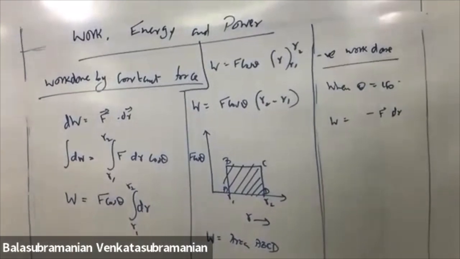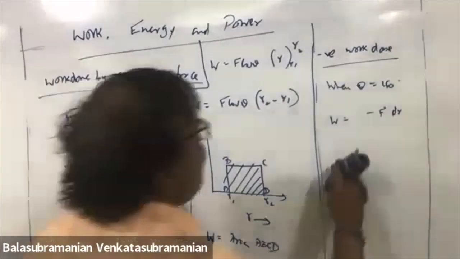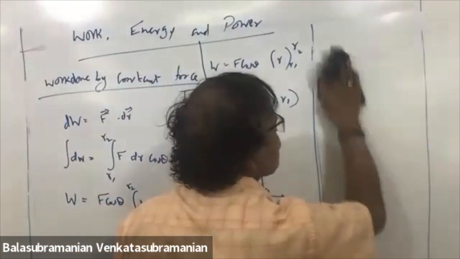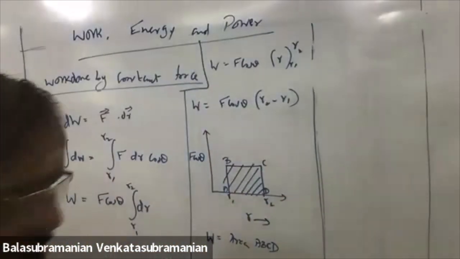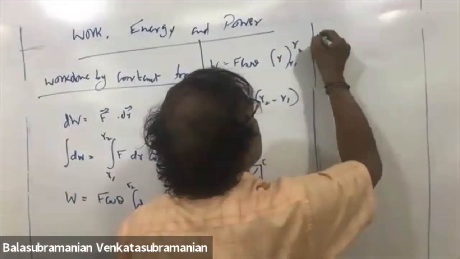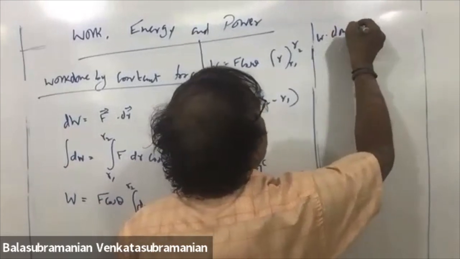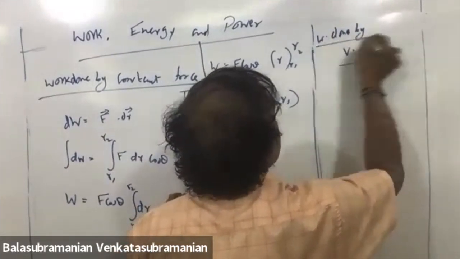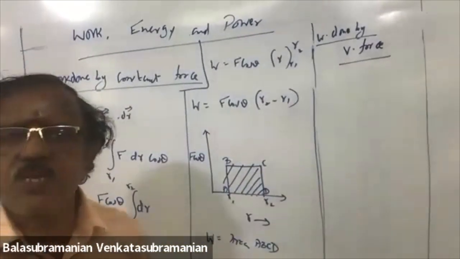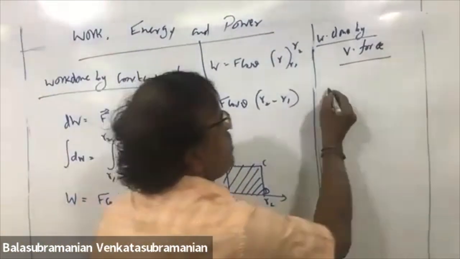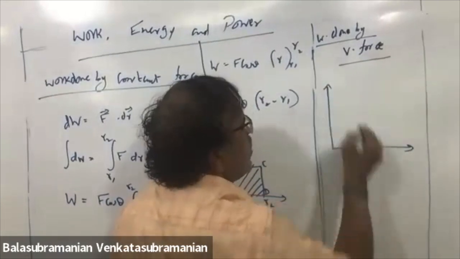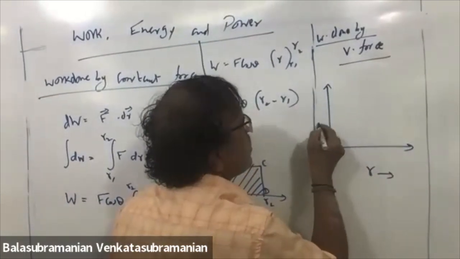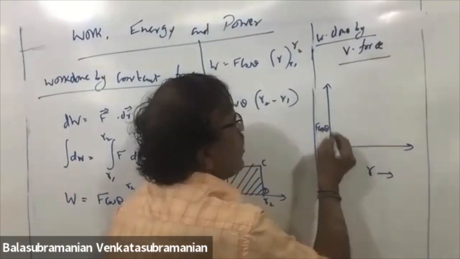Now work done by variable force. What we have seen is constant force. Variable force means the same graph, displacement on the x-axis and F cos theta on the y-axis.